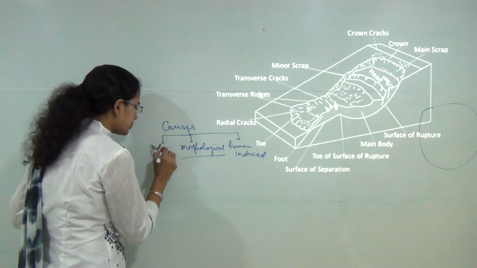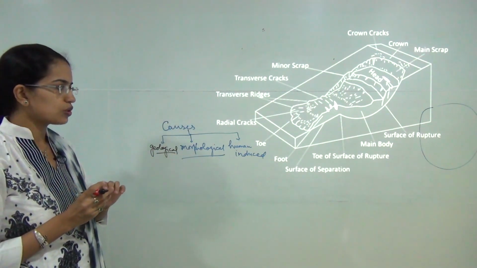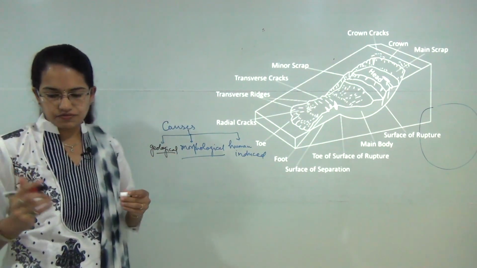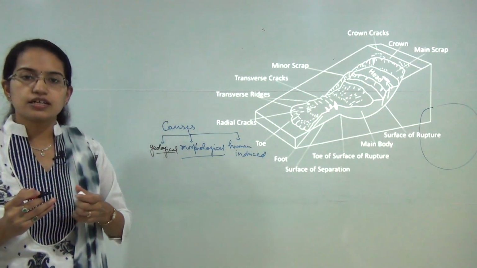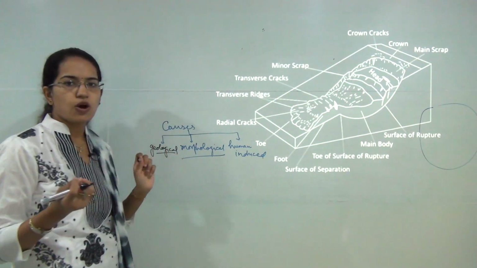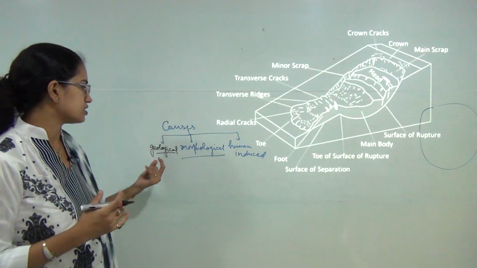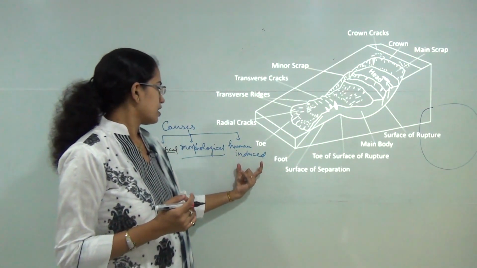Geological include the type of rock, the weaknesses, the zone of rupture, the classification of rocks, and the kind of material that is present, whether the material is fissured in nature or it is a kind of well jointed rock structure. So all these cause landslide.